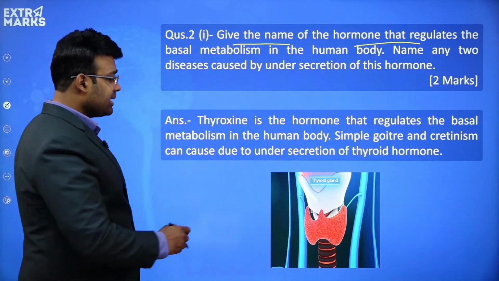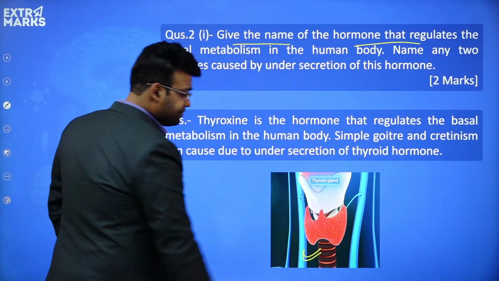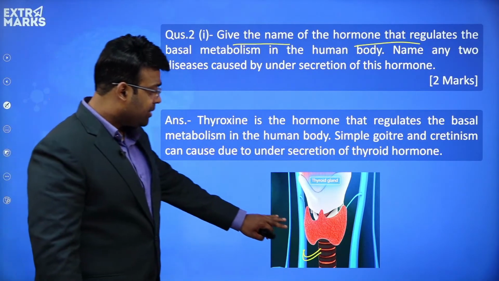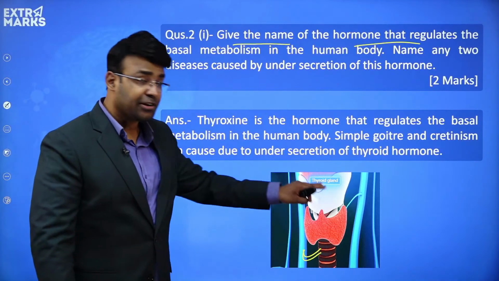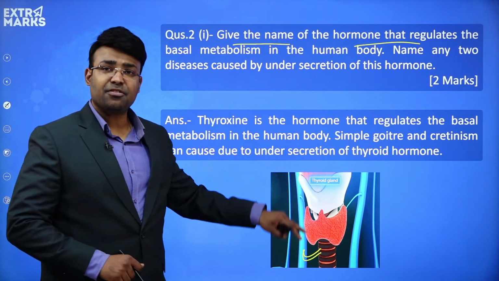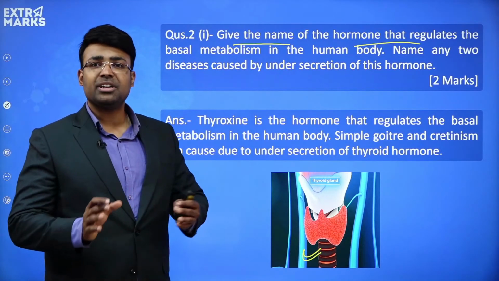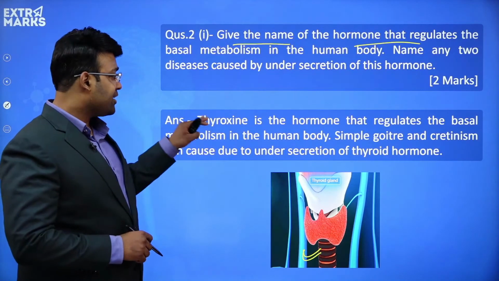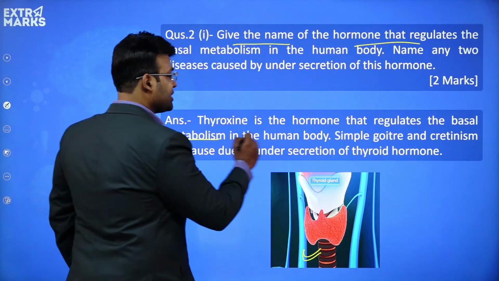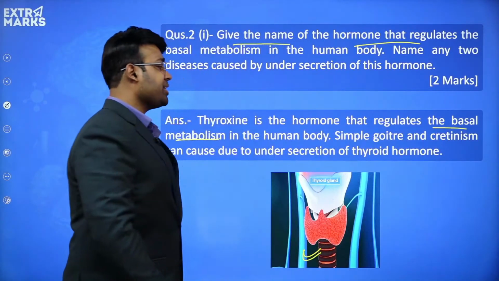So here you can see this is the larynx, everyone. Alright, and above the larynx you can find the thyroid gland. The thyroid gland is in the front, and behind it you can find the parathyroid gland, which regulates the calcium levels. So thyroxine is the hormone that regulates the basal metabolism in the body.